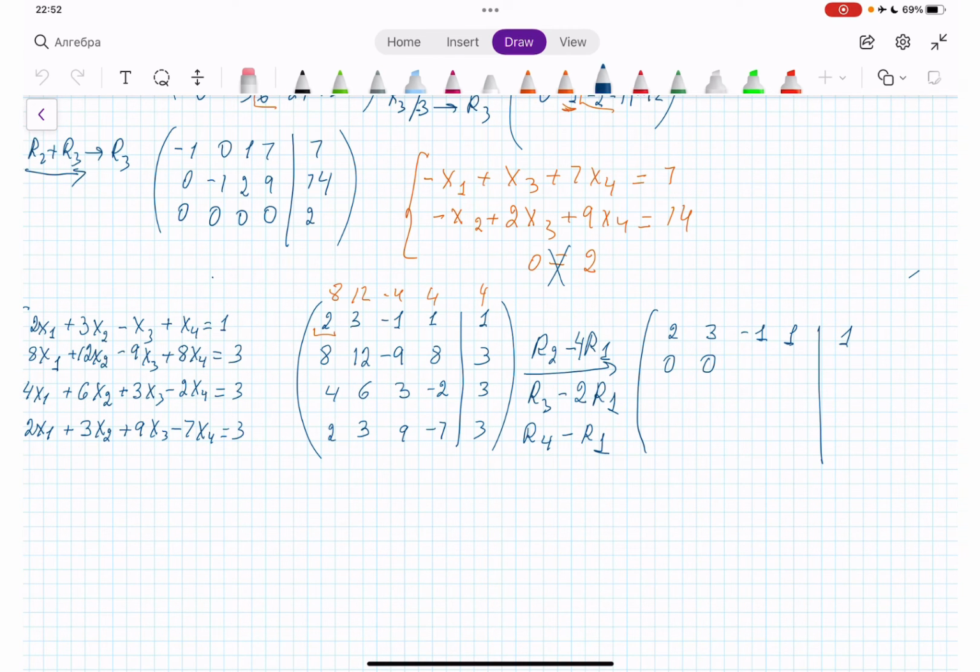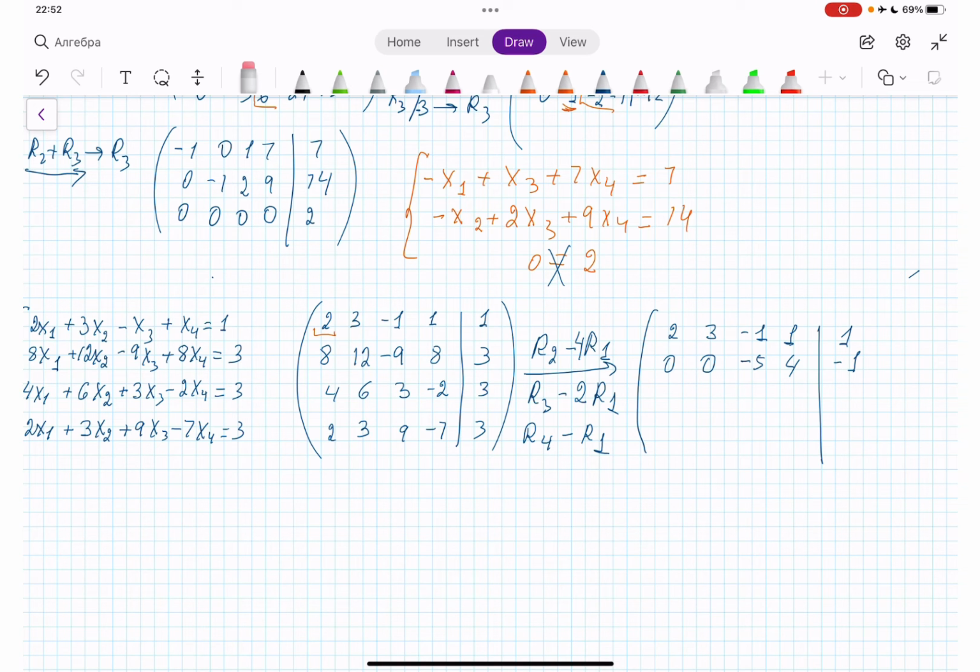So negative 9 minus negative 4, it's going to be negative 9 plus 4, it's going to be negative 5. And 8 minus 4, it's going to be 4. And 3 minus 4, it's going to be negative 1.